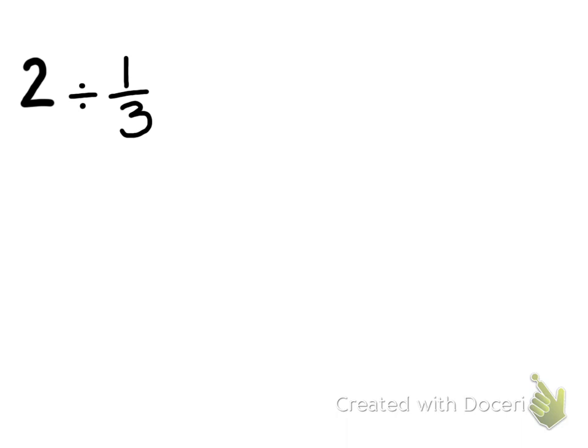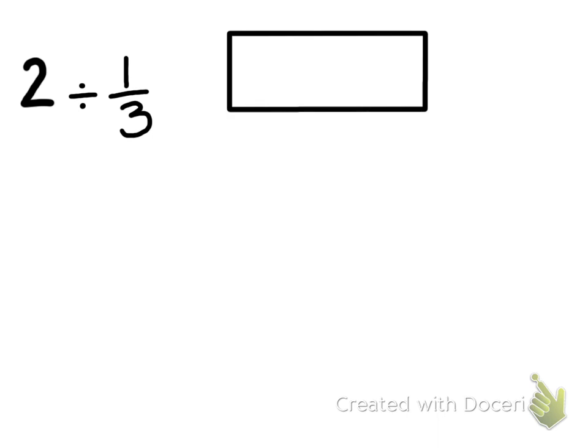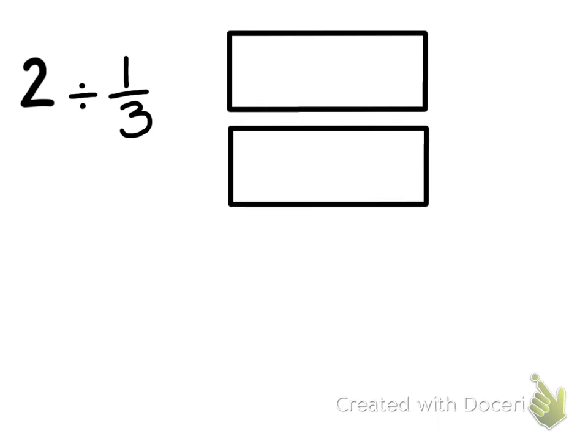So 2, right, that's a whole number. So I'm going to draw 1 unit, 2 units to represent 2 wholes. And I'm going to divide my units into thirds because my fraction tells me to partition each unit into 3 equal parts. Now, the value of each unit is 1/3.